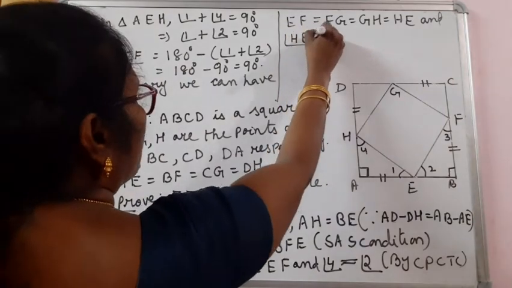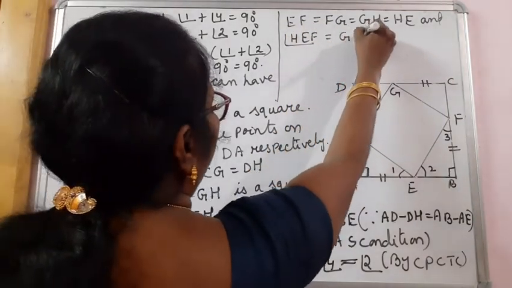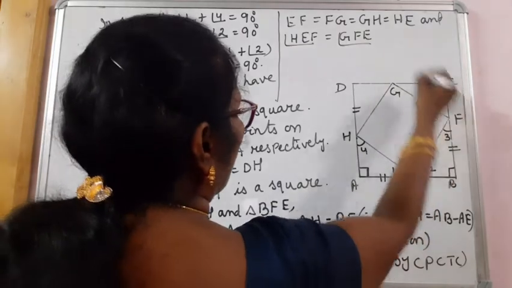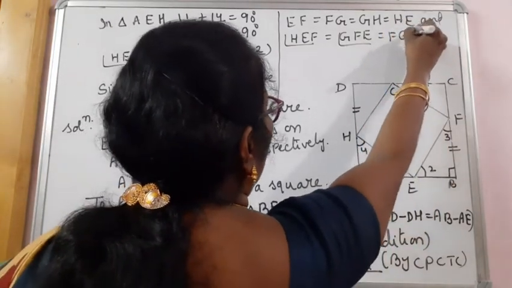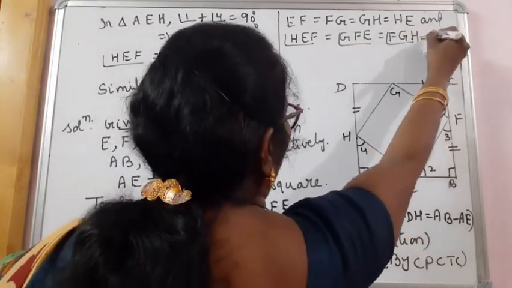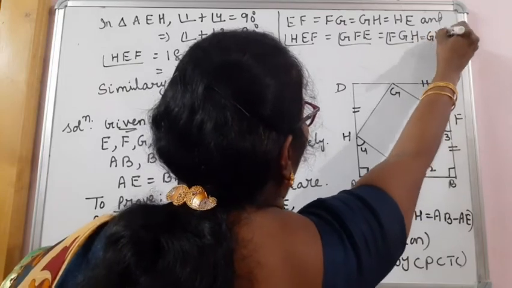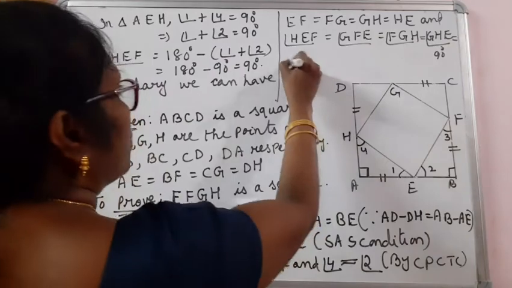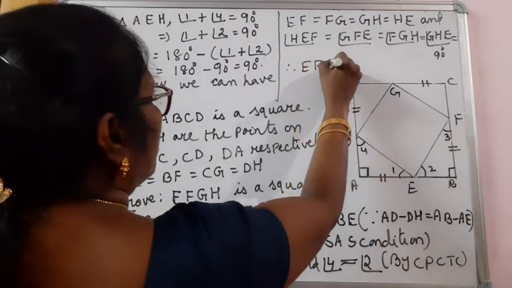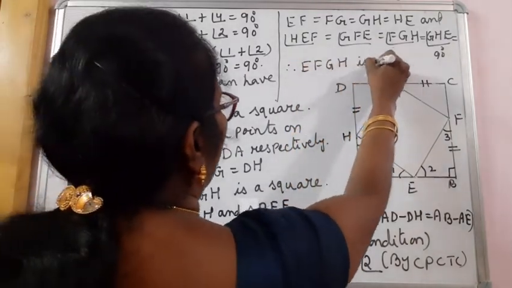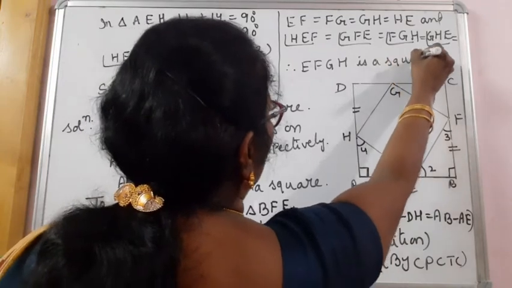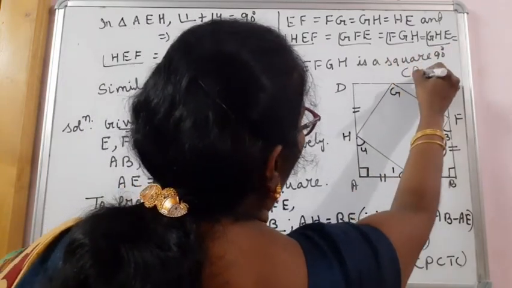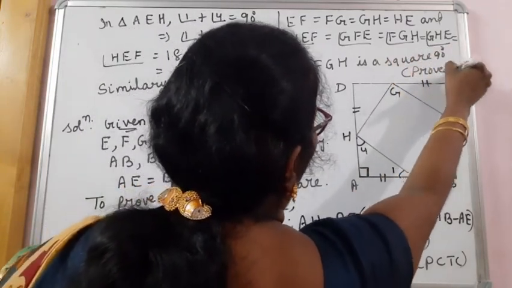Angle HEF equals angle GFE, that equals angle FGH, that equals angle GHE, each 90 degrees. Therefore, EFGH is a square. That is what we have to prove, and that is proved.